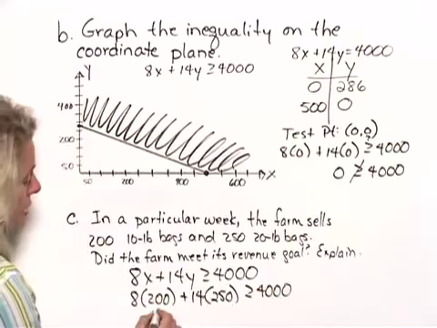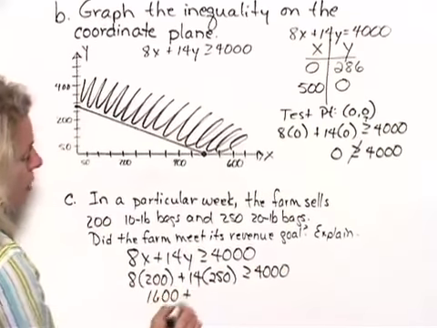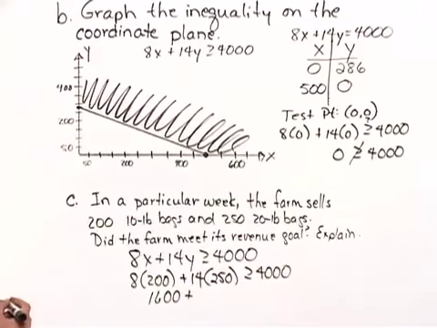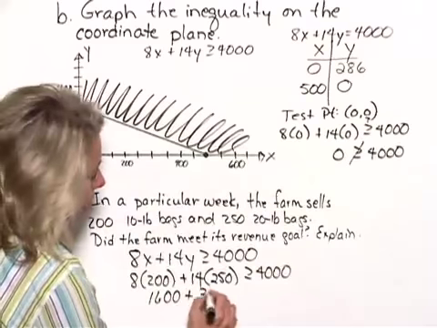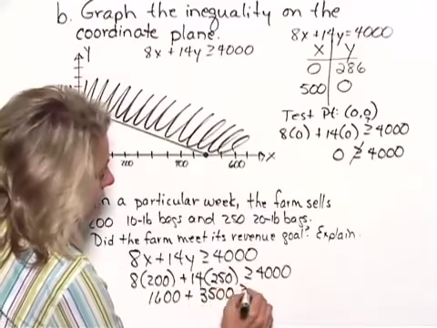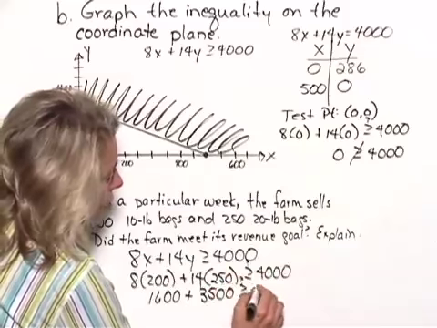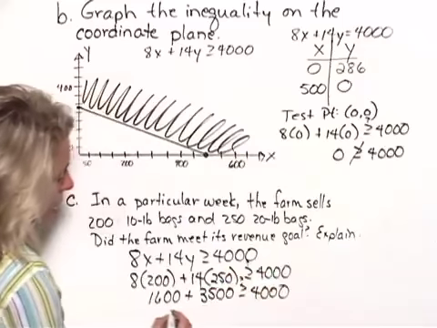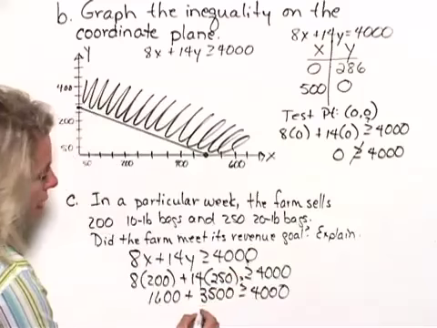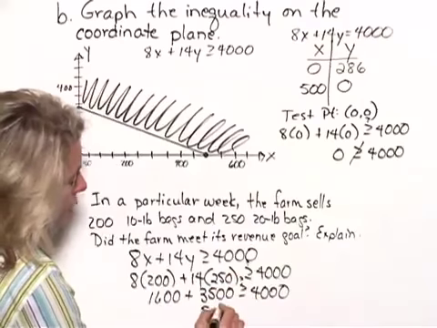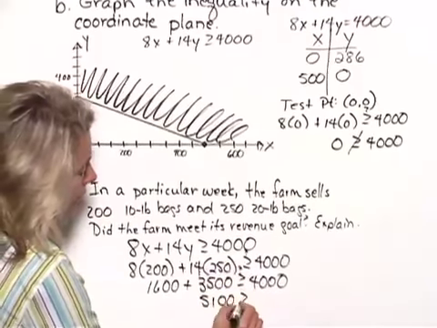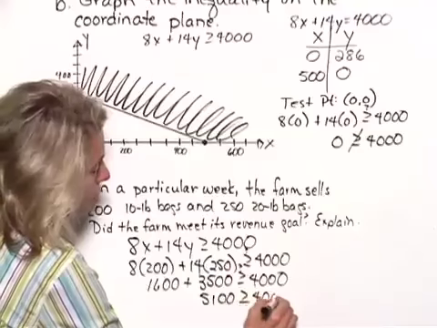So we have 1,600 plus 14 times 250, which is 3,500. Is that greater than or equal to 4,000? 1,600 plus 3,500 is 5,100, and yes, that is greater than or equal to 4,000.